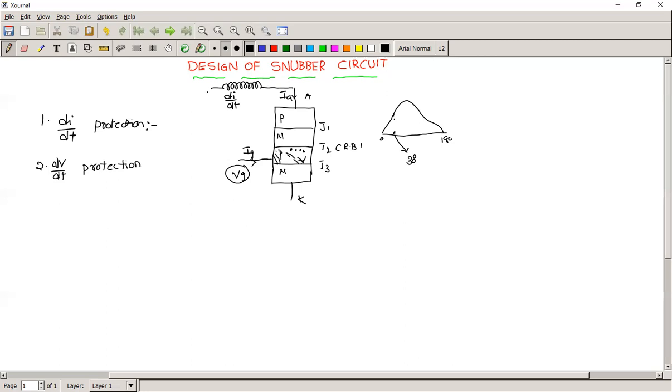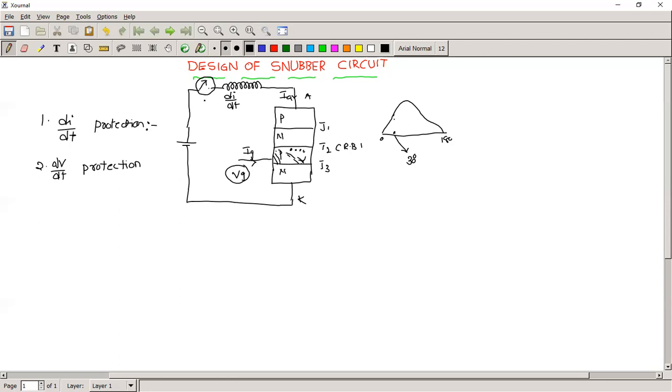If the rate of change of anode voltage appearing here is more, that happens if you suddenly close the switch. See, here we have a DC source, or an AC source, whatever it is, and here the switch is there. Now we suddenly close the switch.